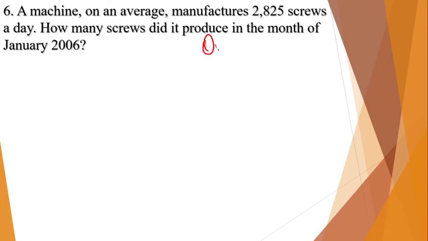So in 1 day, how many screws does it manufacture? It manufactures 2,825 screws. Then how many screws will it manufacture in January 2006? So the whole month of January 2006.